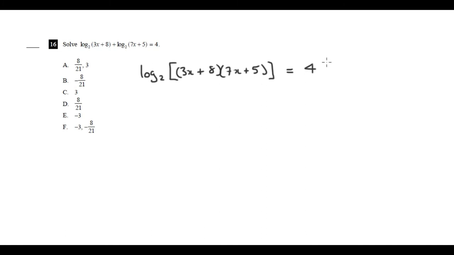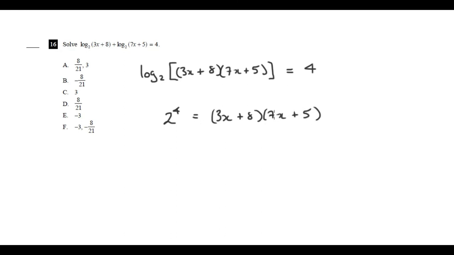And of course, let's get rid of our logarithm by going to exponential form, where our base is clearly 2, and this 4 over here is our power. So this log equation written in exponential form is 2 to the power 4 equals the stuff inside the log, which is 3x plus 8 multiplied by 7x plus 5.